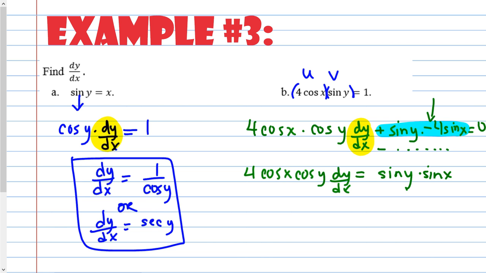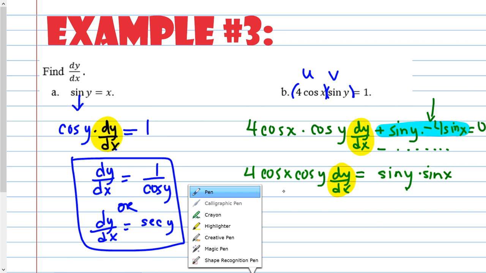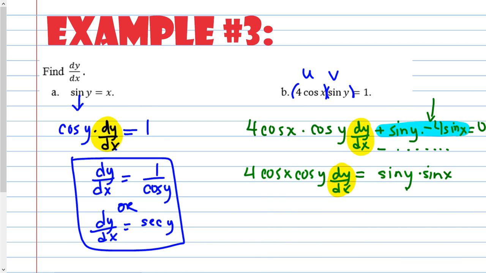Still trying to get this alone. So now I would do that by getting rid of the 4 cosine x cosine y. This stuff is being multiplied with the dy dx, so to get rid of it, I would divide.